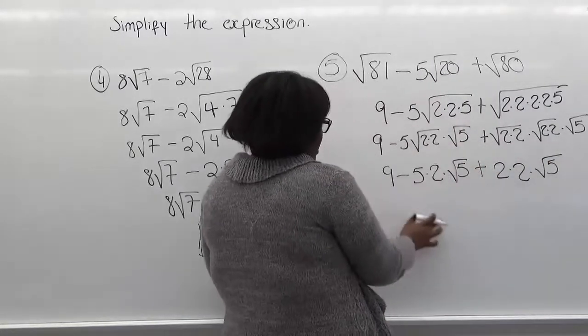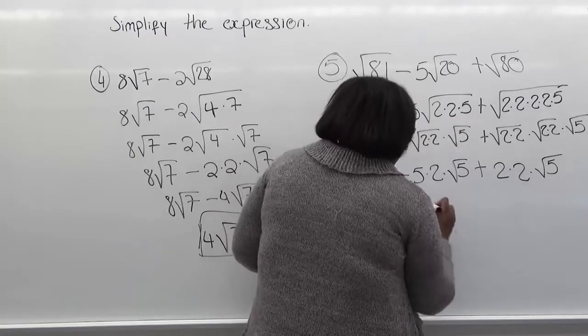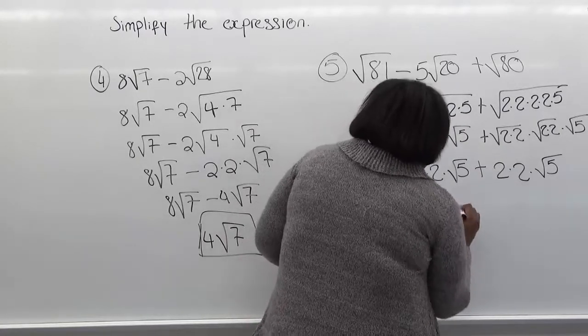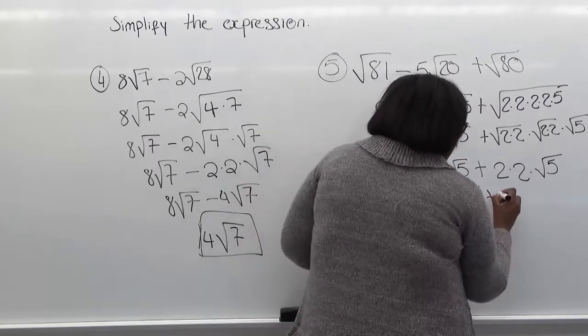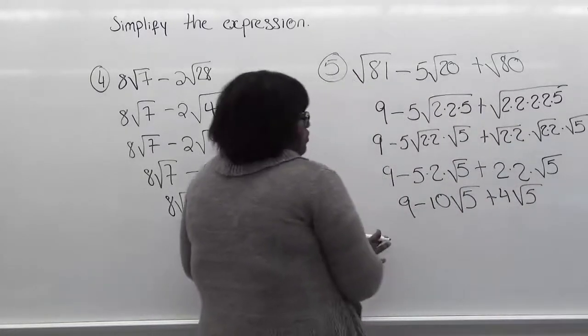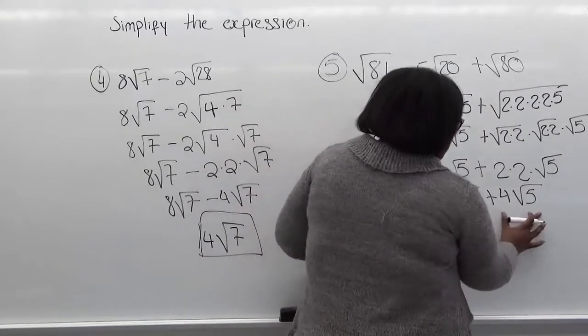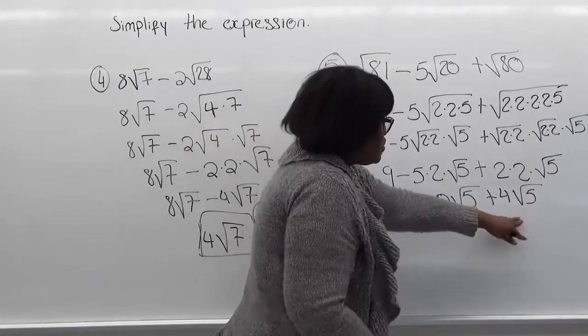Okay, now multiply it out. You're going to have 9 minus 10 the square root of 5 plus 4 the square root of 5. Now between these three terms, we're going to see if there's anything common or like terms between them.